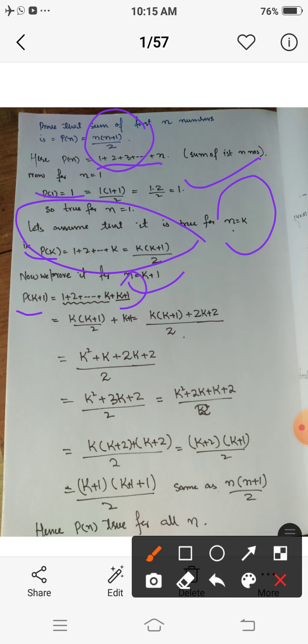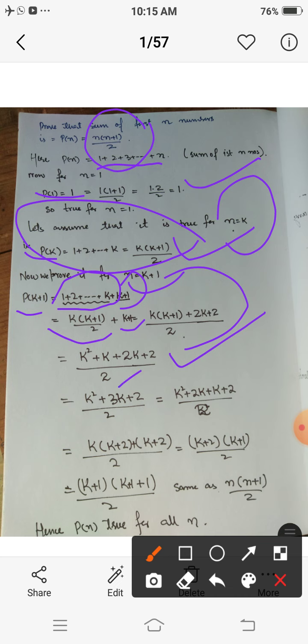Now from the assumption, because we assumed that this is true, 1 plus 2 up to k is k into k plus 1 by 2, plus k plus 1. Now by cross multiplication, it is simply k into k plus 1 plus 2k plus 2 upon 2, which is k square plus k plus 2k plus 2 upon 2, or k square plus 3k plus 2 upon 2.